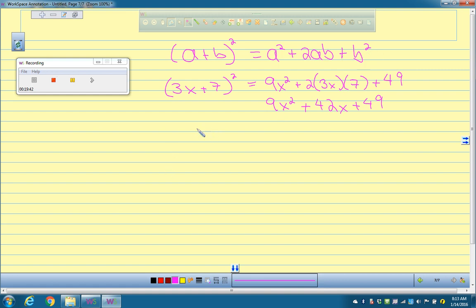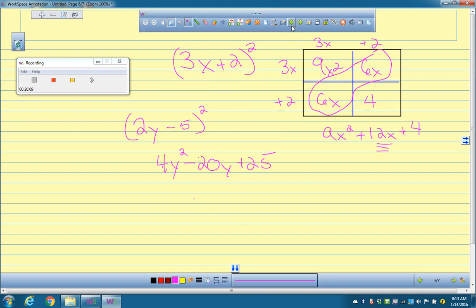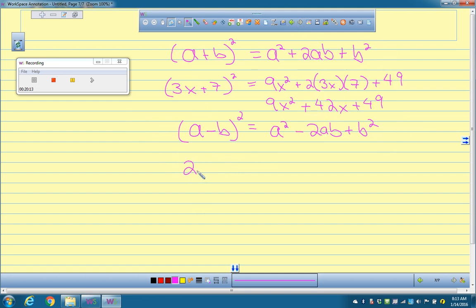The last one we did, a minus b squared, is equal to a squared minus 2ab plus b squared. So in the last problem that I gave you, 2y minus 5 squared, I could have just squared the first term, which is 4y squared.